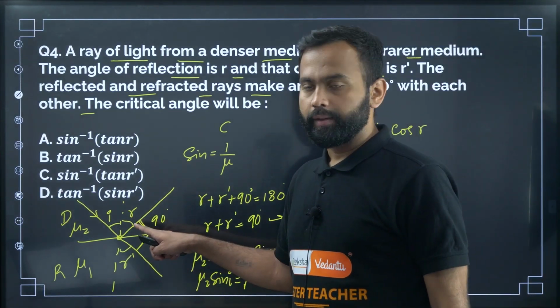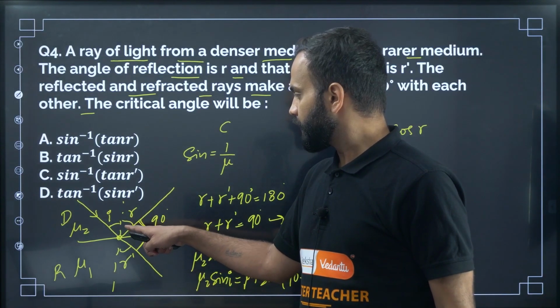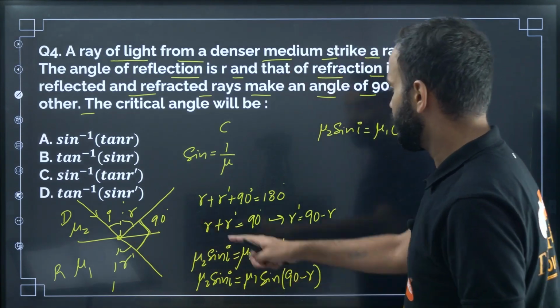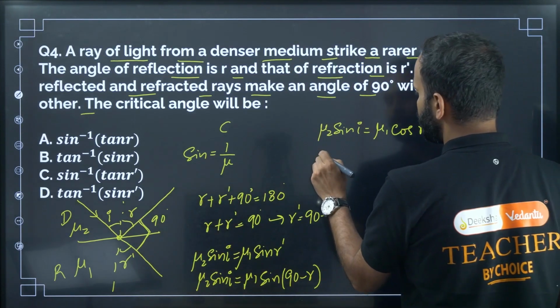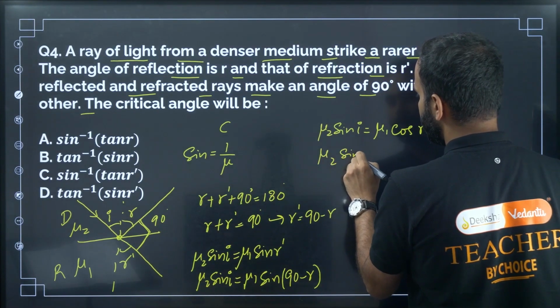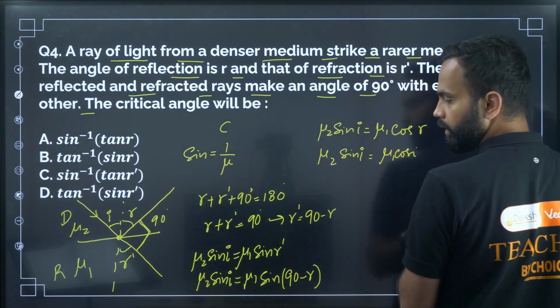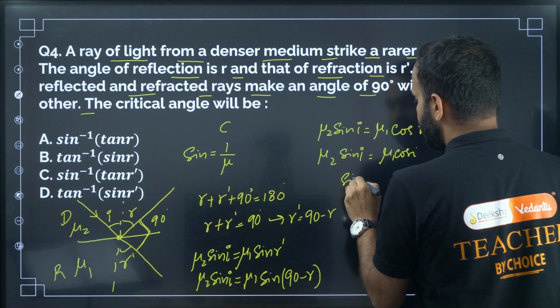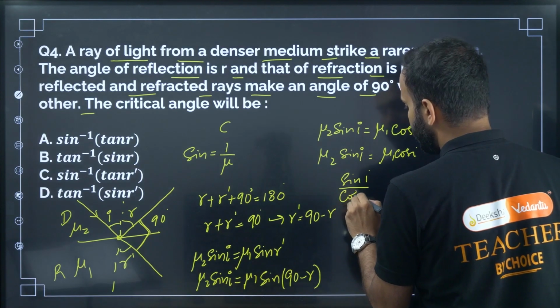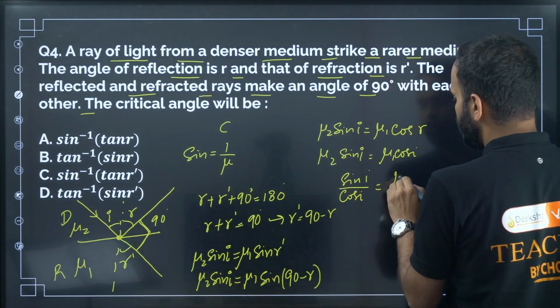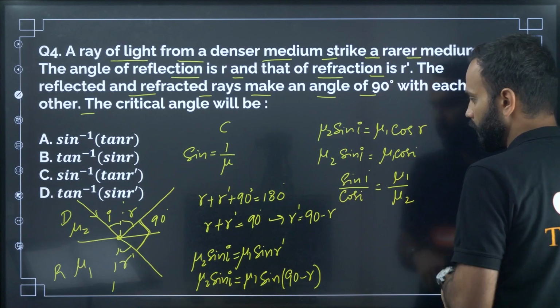So according to the laws of reflection, i equal to r, right? So now mu 2 into sin i is equal to mu 1 into cos i, right? So now sin i divided by cos i is equal to mu 1 divided by mu 2, right?